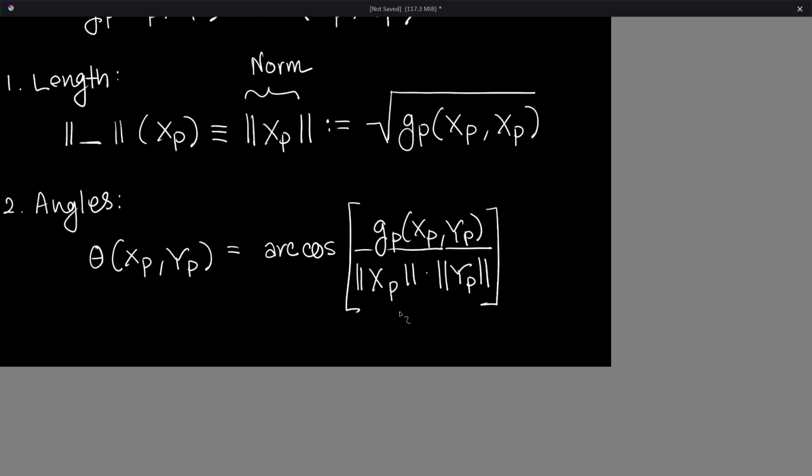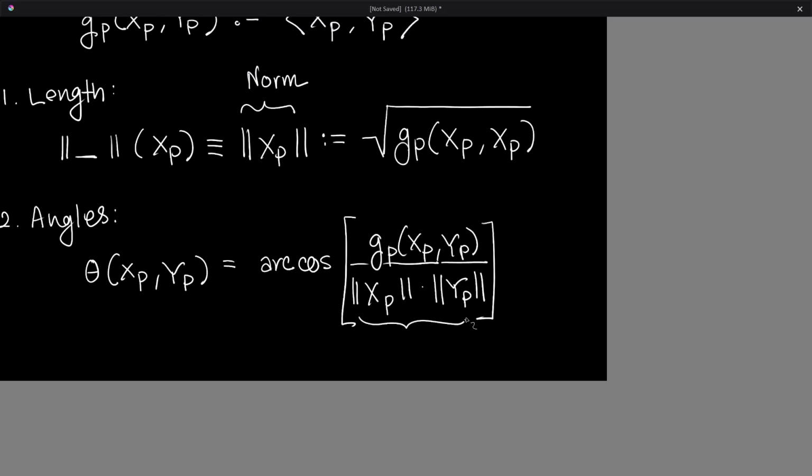Because of the Cauchy-Schwarz inequality, this is definitely between -1 and 1, so this arc cosine is well defined. If you're wondering where the arc cosine is coming from because we're on the manifold, since this is going to be a real number, an element of R, we're just using the arc cosine that's defined in the real space.